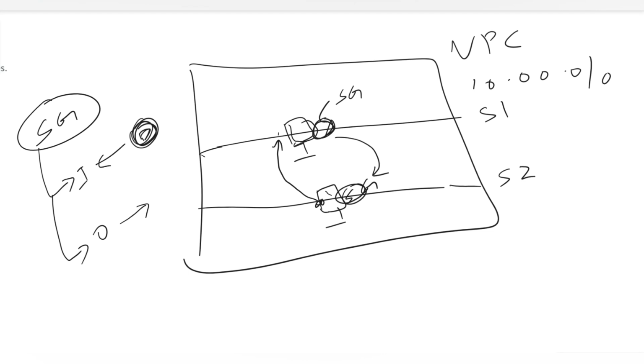Similarly, the outbound rule is the traffic which is going out of the virtual machine. For example, let's say you have the internet here and you wanted to communicate to the internet, or you have an on-premise network here and you wanted to communicate to the on-prem.